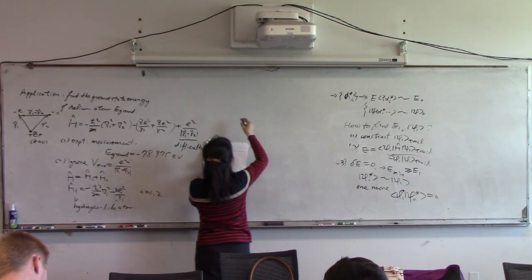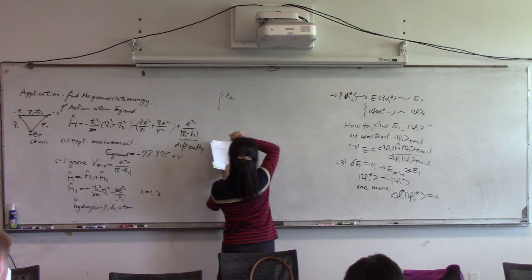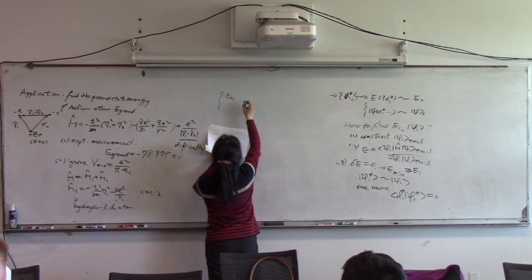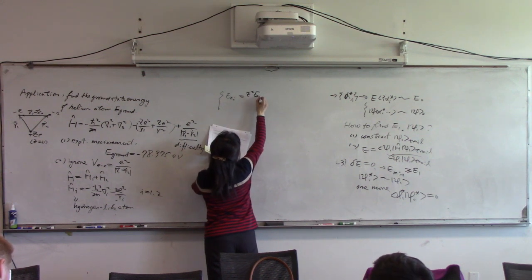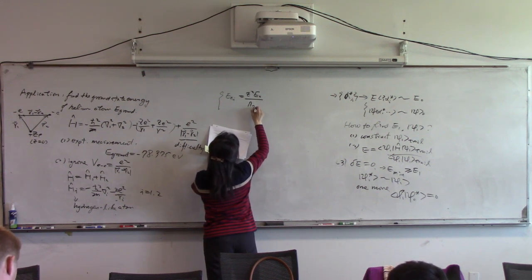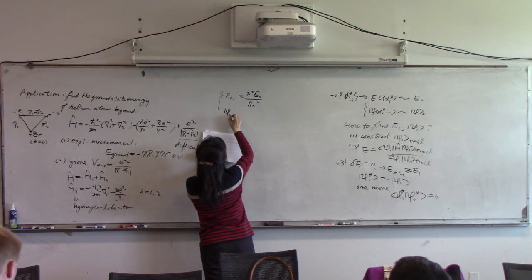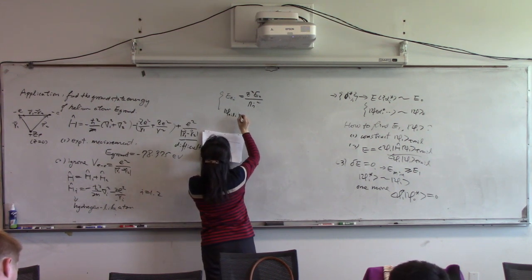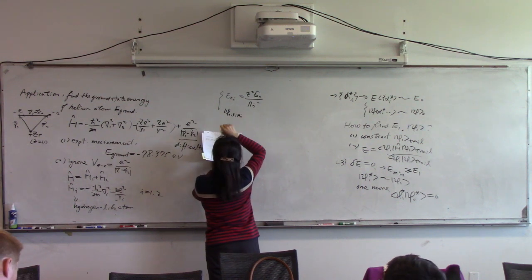Now for each individual particle, we have the i-th electron. E_ni is Z squared E naught over n_i squared, and then the ground states psi n_i l_i. If we do not consider spin, let's just ignore spin.